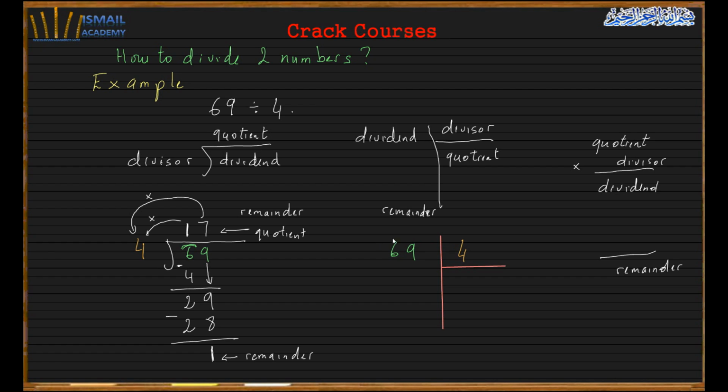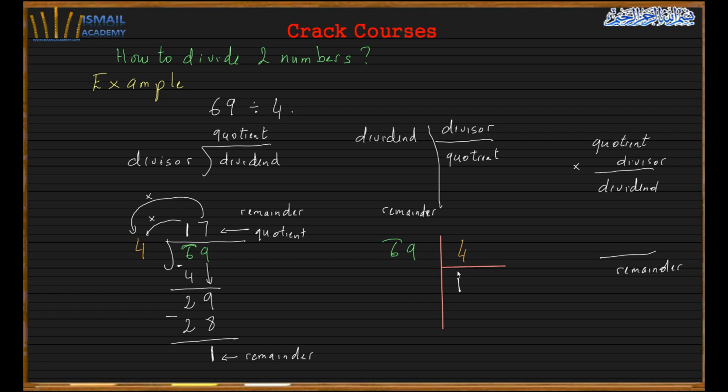So I start from the left. So how many 4 are in 6? In other words, which number times 4 gives me 6 or a number close to 6? So it's 1. So I put 1 here.